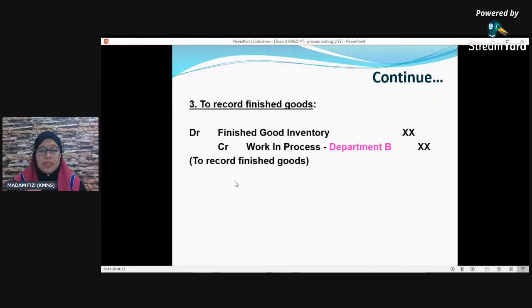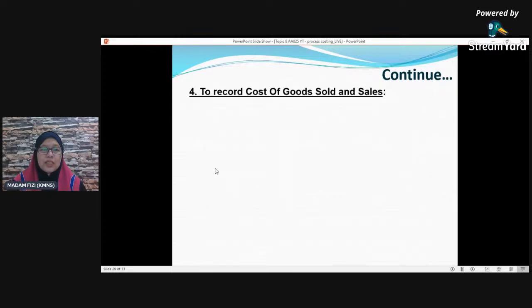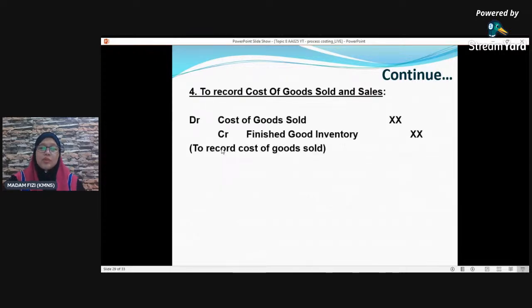Okay, settled. When we have finished, we want to sell. So number 4 is to record the cost of goods sold and sales. For the cost of goods sold, debit cost of goods sold and credit finished goods inventory. Same type as job order costing. Sold means already sold, so this journal entry is to record at the cost price.